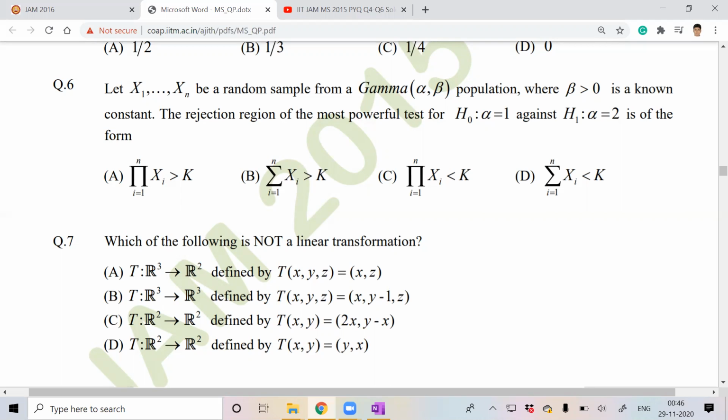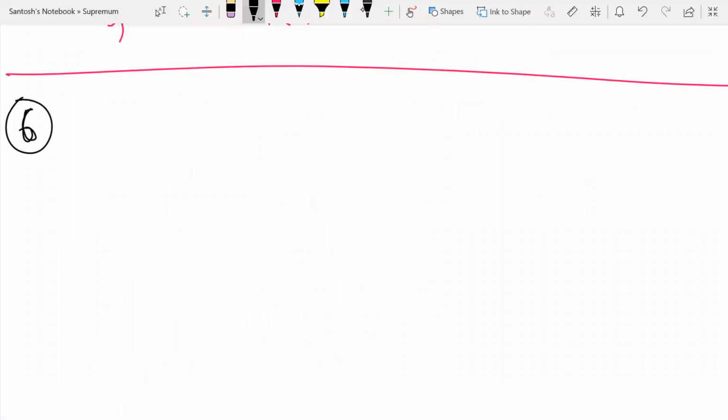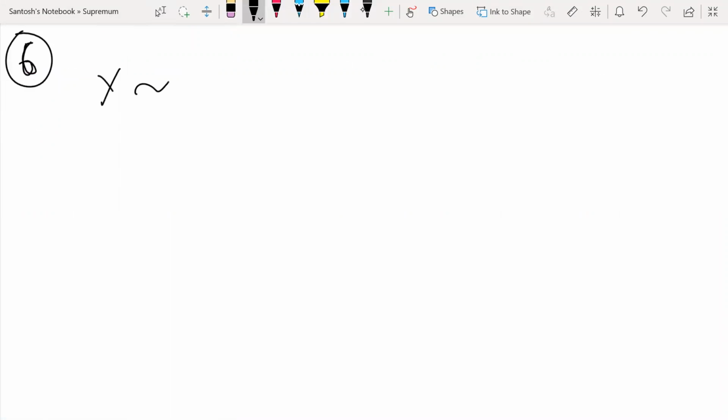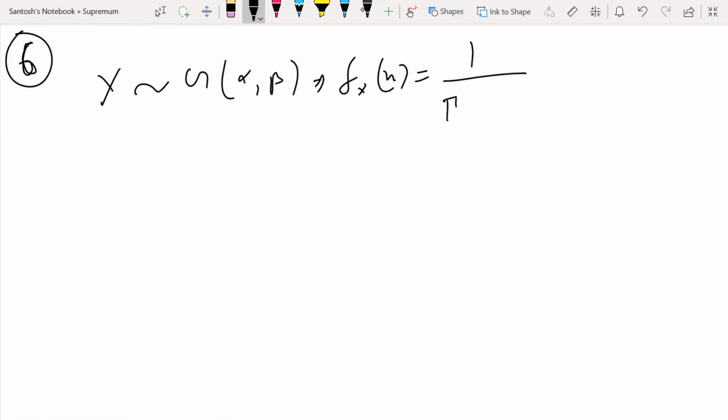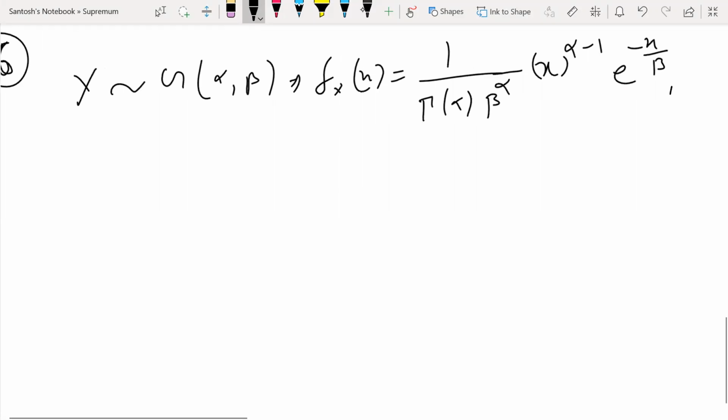For that, if X has a gamma distribution with alpha, beta, its PDF is 1 upon gamma(alpha) beta raised to power alpha, x raised to power alpha minus 1, e raised to power minus x upon beta, when x is positive.